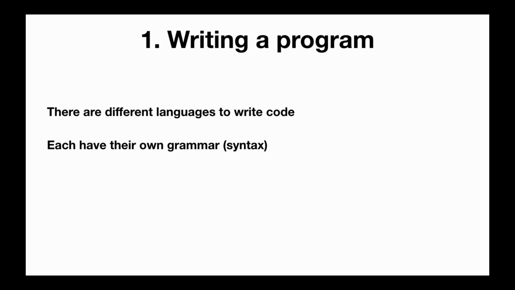If you don't, you're going to get a syntax error while compiling the program. It's because you have missed the syntax. So in order to write code, you have to follow the syntax of that particular programming language.